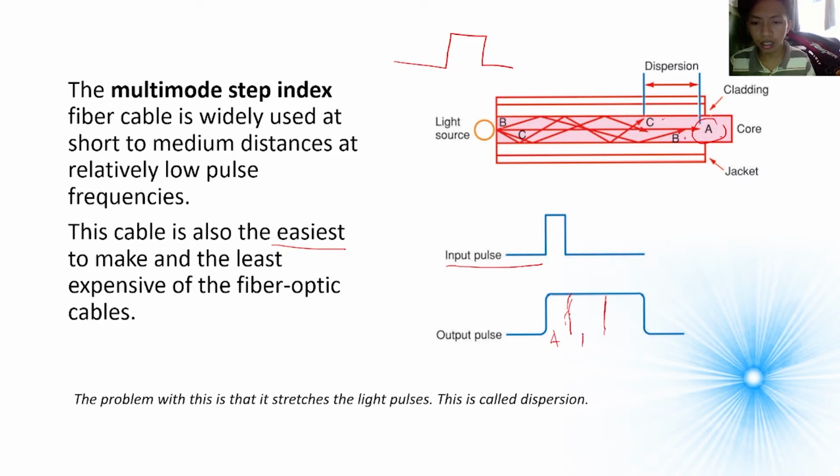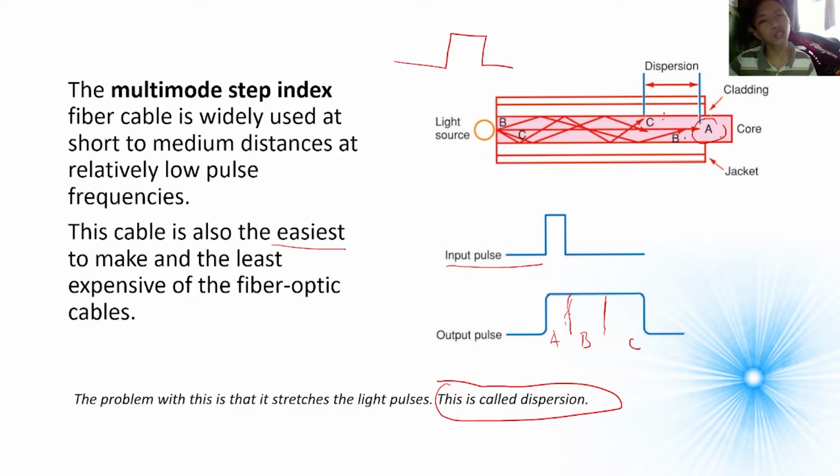So A, B, and C do not reach the end at the same time. That's why it stretches the light pulses. This is what we call dispersion. As you can see here, dispersion is happening in this one.